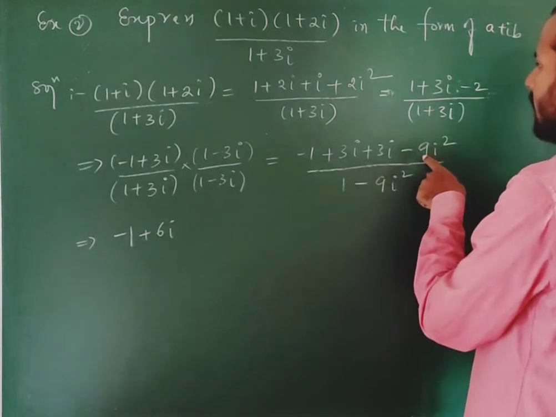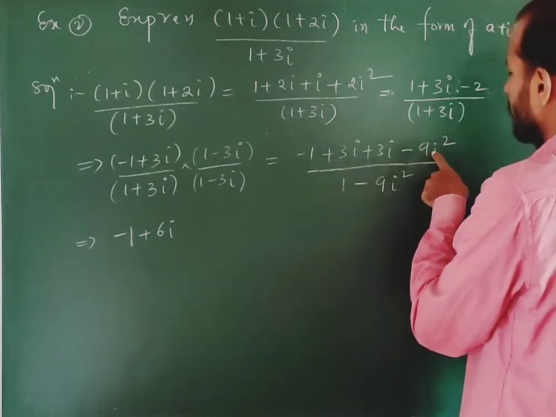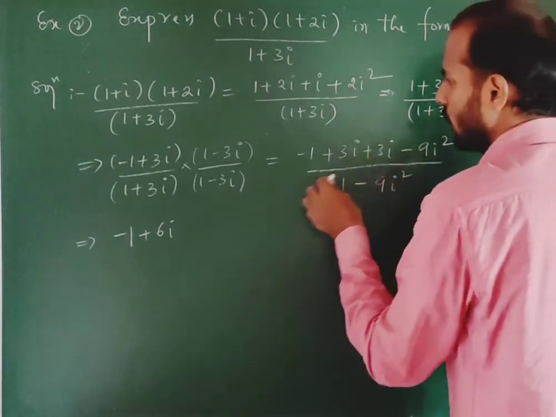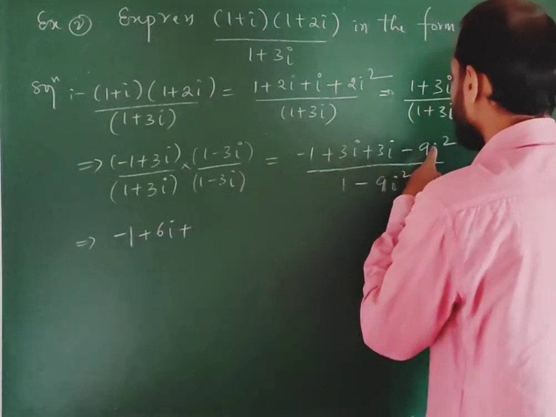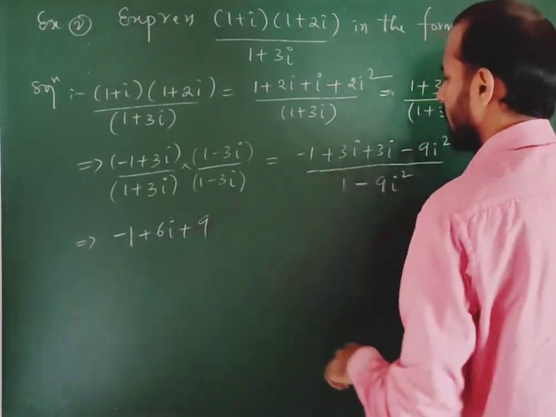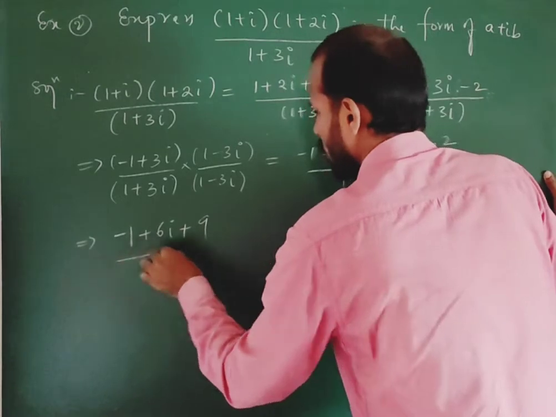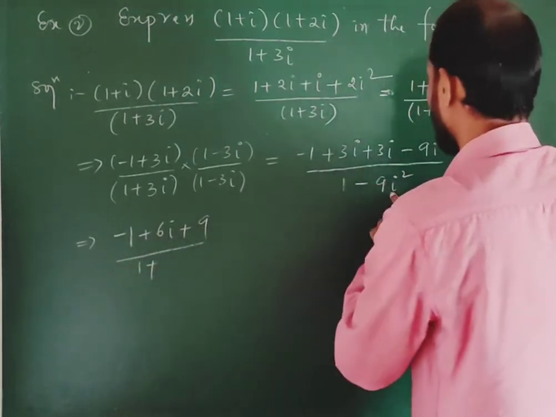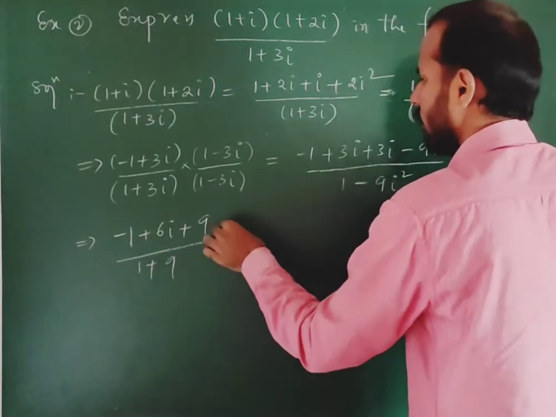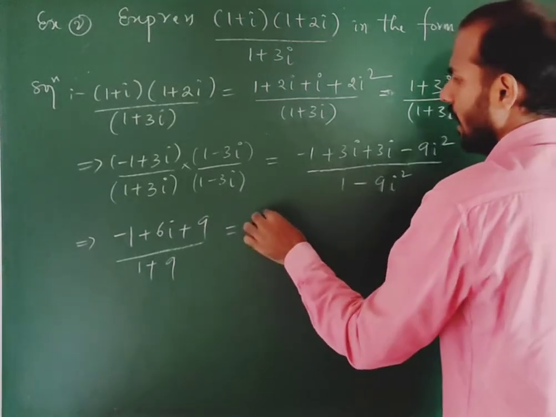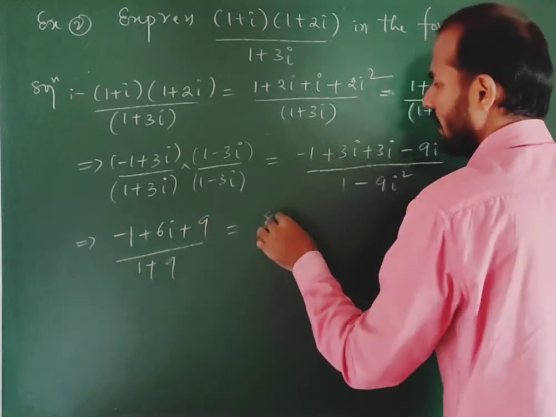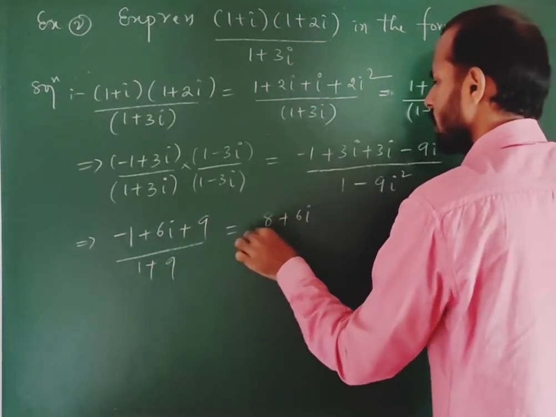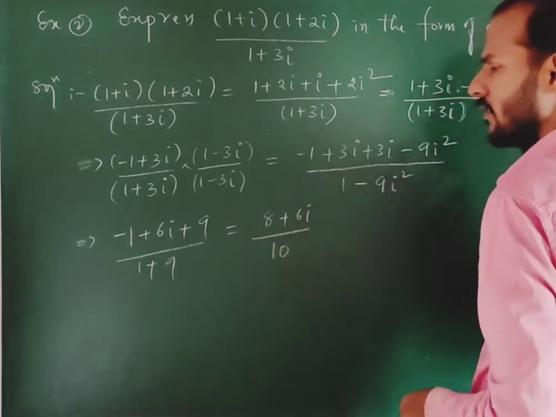Here minus 9 is there, right? i square means minus 1, minus minus plus 9 it is. In the denominator also, 1 plus 9 it is. Therefore, which is equals to 9 minus 1 is 8 plus 6i upon 10.